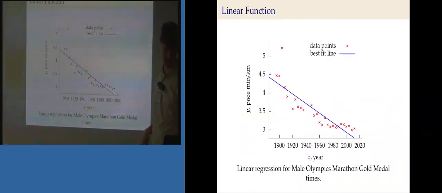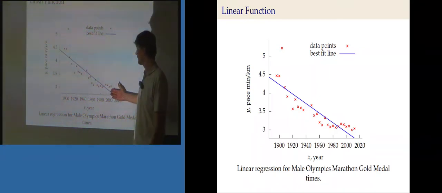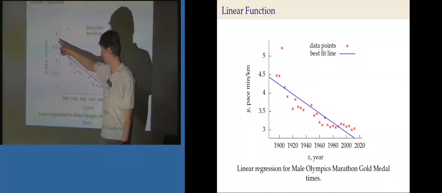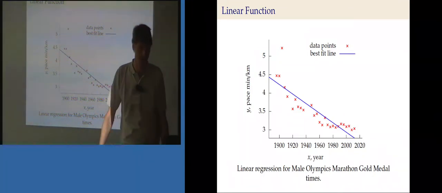Okay, so here's the optimized linear regression for those male marathon times. So it kind of looks like the best fit line, yeah? But I wouldn't be that satisfied with trying to make a prediction of the next marathon's going to be run in; that's probably like an hour and 45 minutes or something. I bet that's wrong, and I bet the apostles could run a bit faster than whatever's proposed going back there.